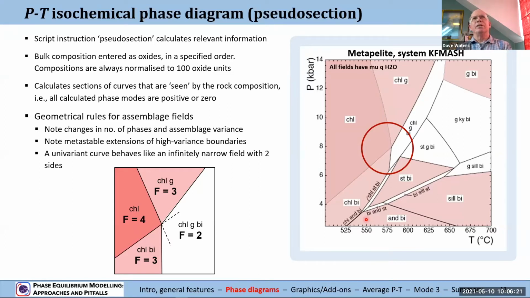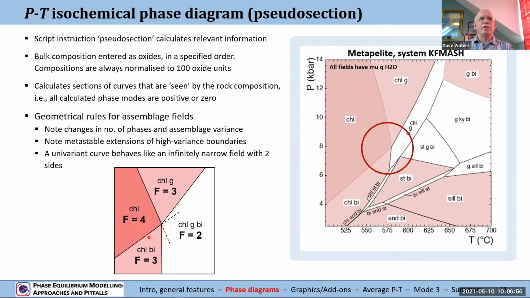And that means that under those circumstances, all the calculated phase modes are positive or zero, and they're zero when a particular mode reaches a certain boundary. So I've highlighted an intersection on the right to make the point of the geometry here. This is a system with muscovite, quartz and water involved, and we have a divariant assemblage here with chlorite, garnet, and biotite in addition.